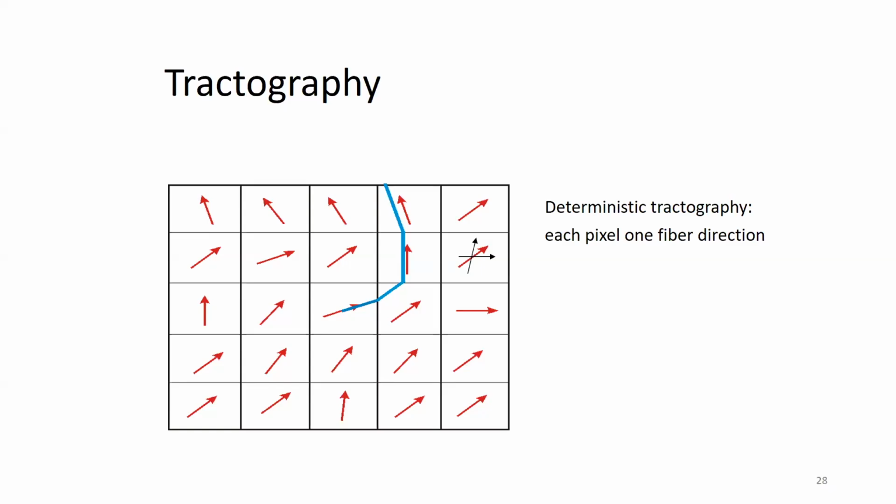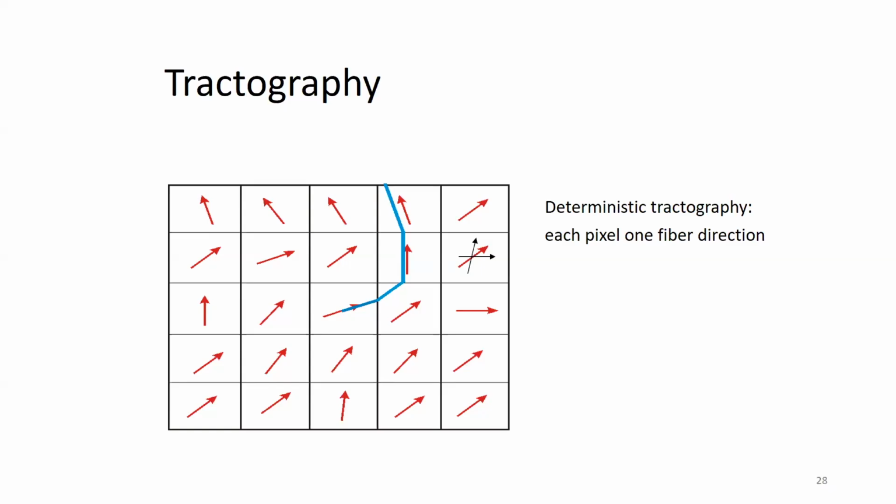So the FA of this one is 0.8, and it remains 0.8 if all fibers in one voxel are the same. But what happens when I have fibers going in this direction and other fibers crossing in a completely different direction? The FA will probably be smaller, because I had a nice cigar shape, but now I pressed it together into what we call a pumpkin, and the FA will be lower.